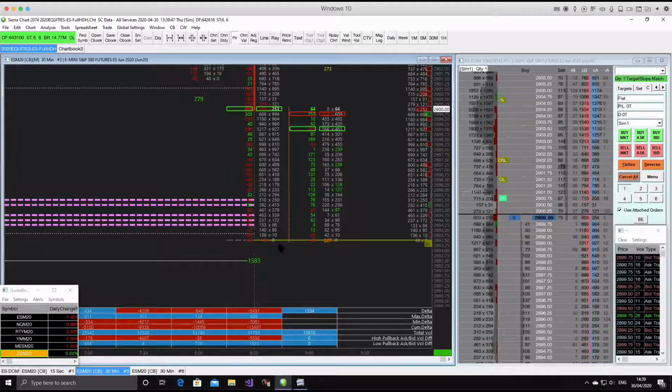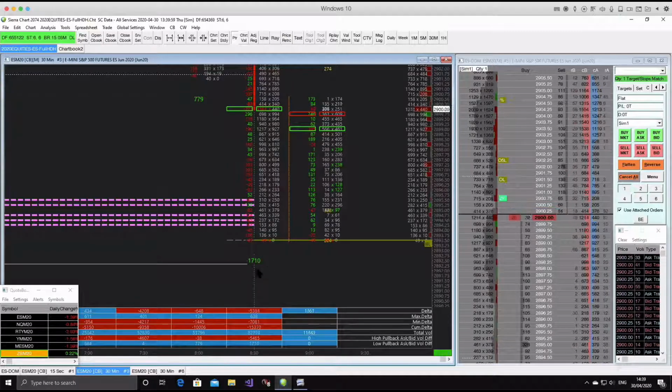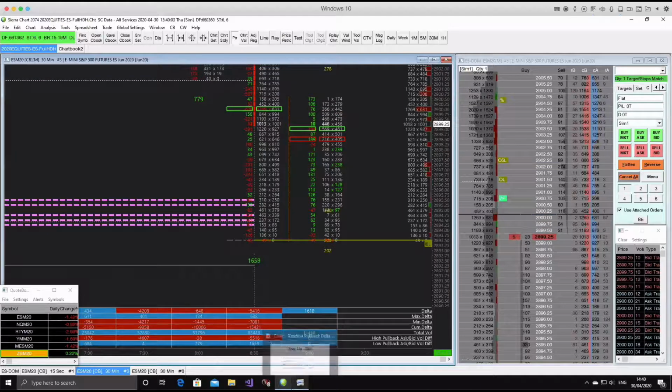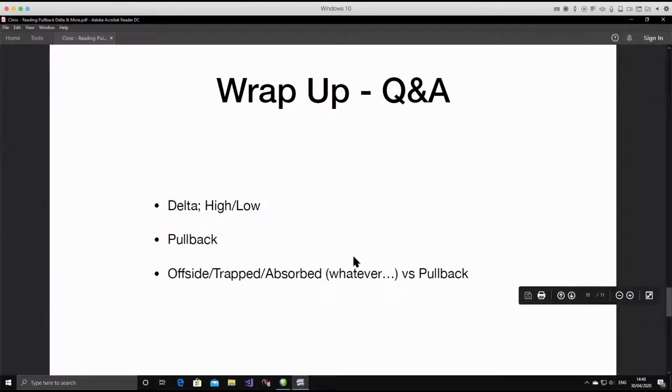So here, even without a pullback pattern, conventionally these would be trapped traders, 49 are trapped. Actually, these, 400 or so are wrong. As soon as we're above them, they're wrong. How much delta do we need to see here to think that they're puking, also inciting us to get in? So that is our very quick recap.